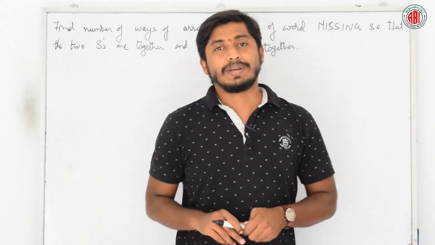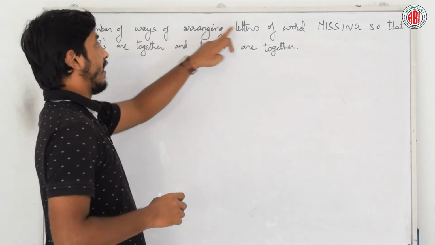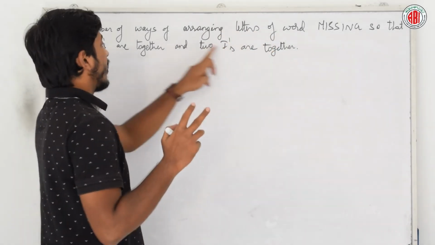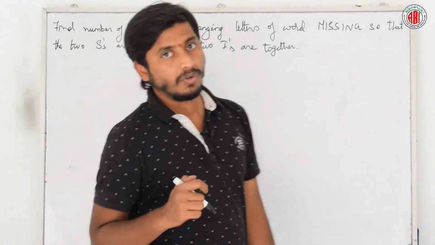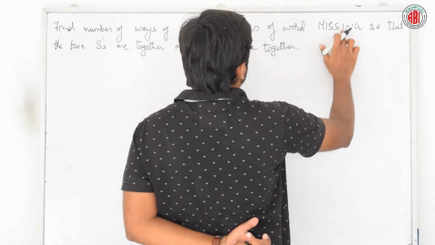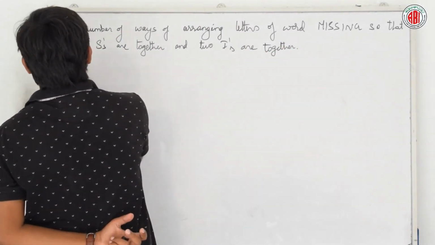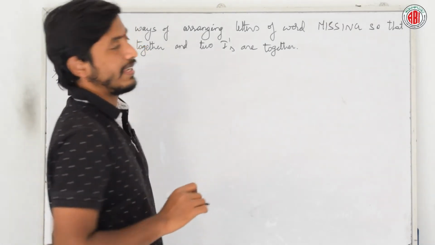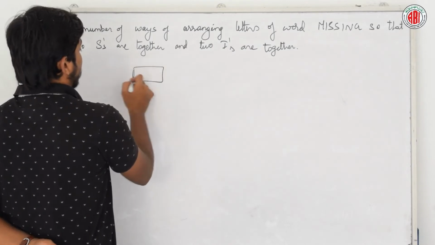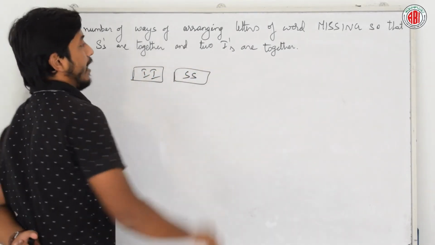Let's do. Look at the question here. He is telling, find the number of ways of arranging the letters of the word MISSING so that 2 S's are together and 2 I's are together. Okay. So first just see here, how many letters does it have? 1, 2, 3, 4, 5, 6, 7 letters. So he is telling, out of those 7, 2 I's are together and 2 S's are together.